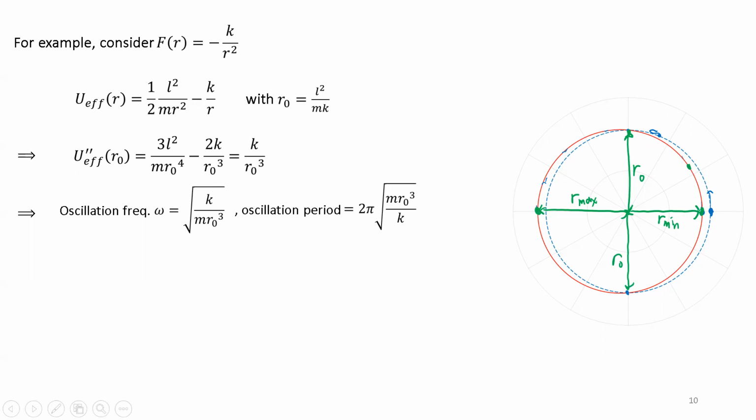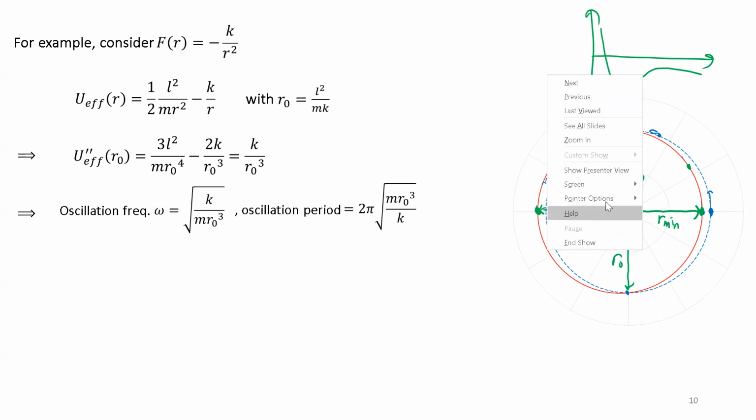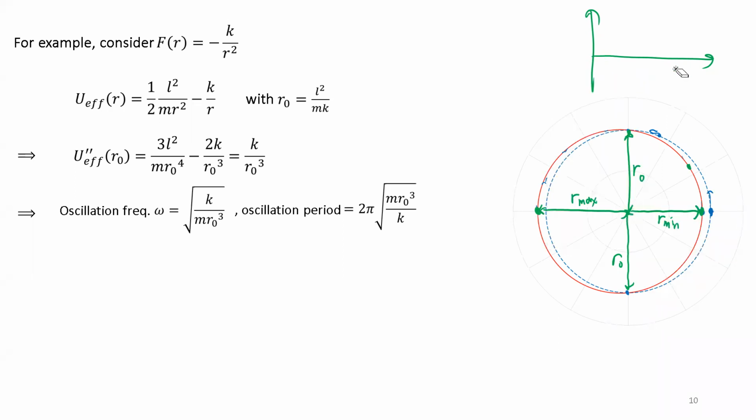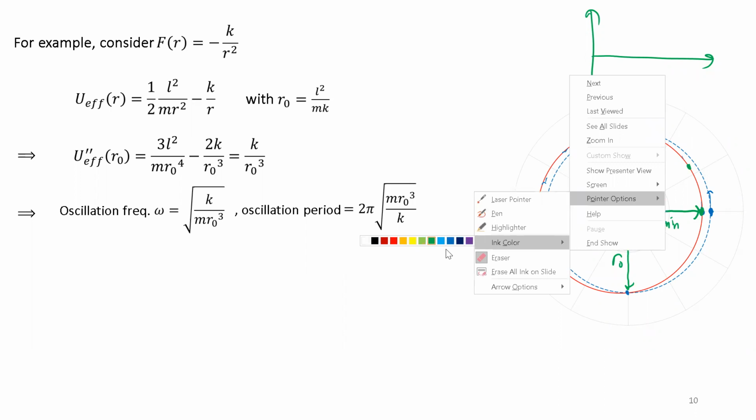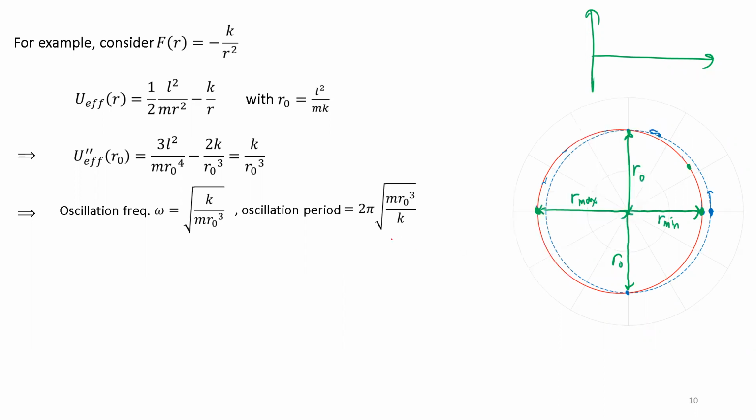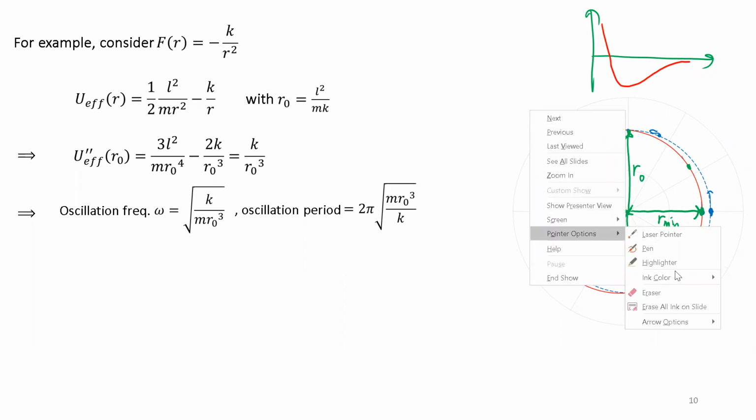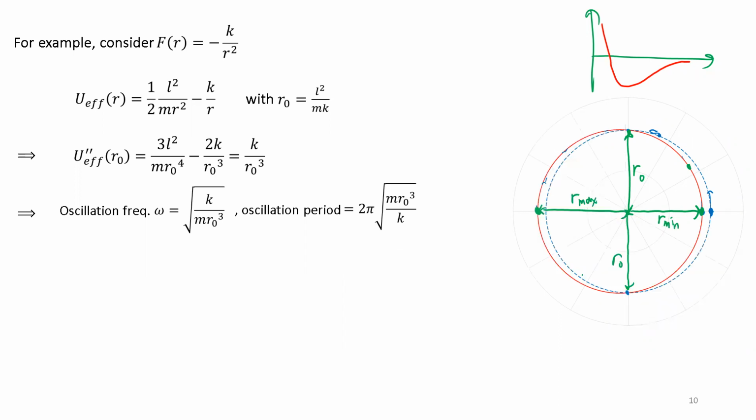If I again draw the effective potential curve over here, that's not a very correct drawing, but what I described just now is that I go from R min to R naught to R max.